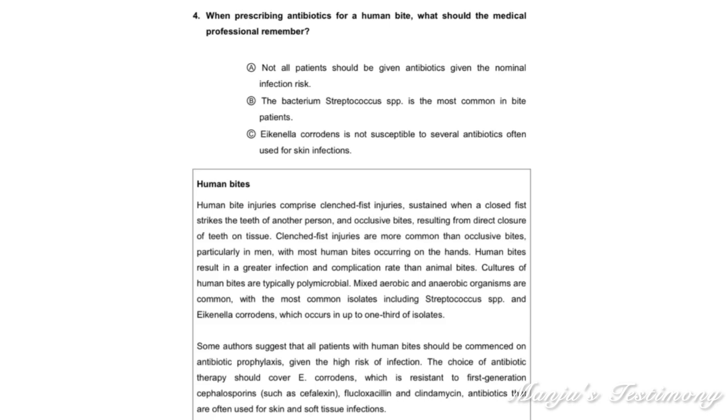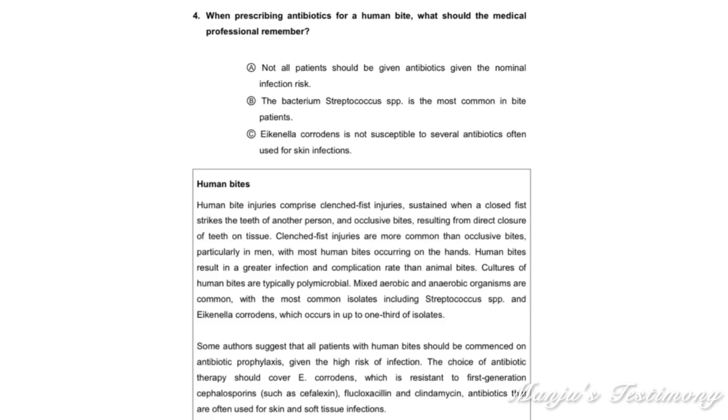So here you have to understand some of the vocabulary, then only can you understand that this phrase is talking exactly about what they have given in the option. Here, Eikenella corrodens is not susceptible to several antibiotics means it is resistant to several antibiotics. In the text, it is resistant to first generation cephalosporins and clindamycin, antibiotics used for skin infection.